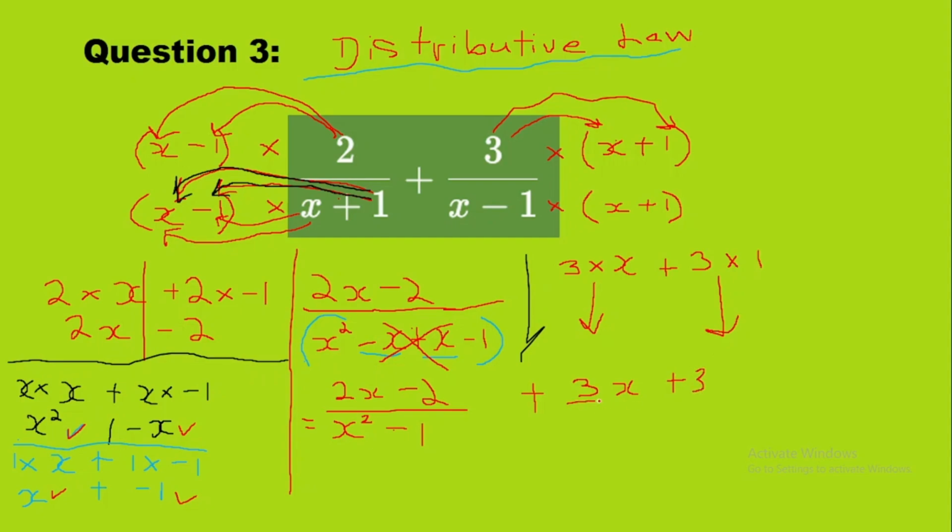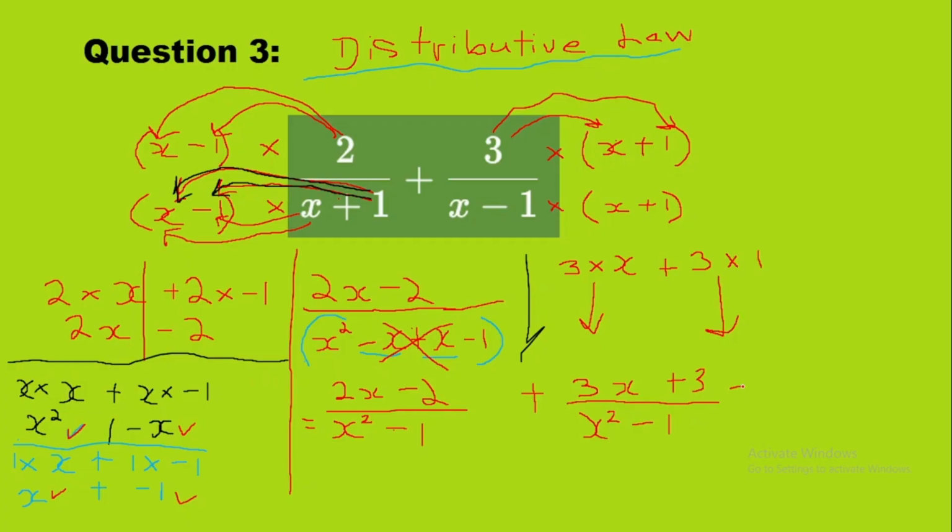So that's all over the same denominator. If we have negative x minus 1 times x plus 1, it will give us the same denominator, so we can just write x squared minus 1.